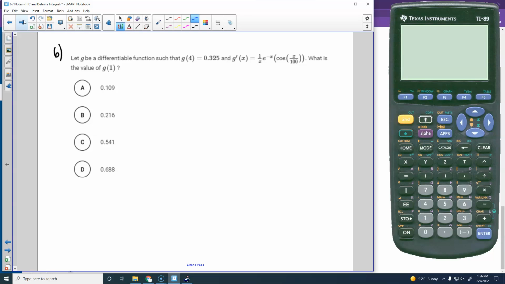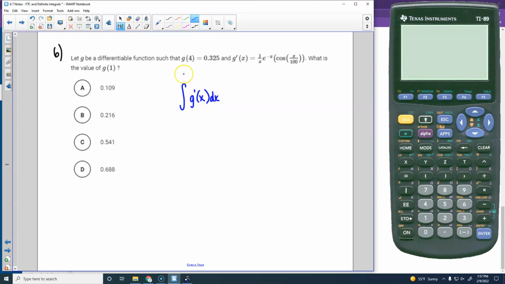All right. So for number 6, we've got g of 4 equals 0.325. G prime is this complicated equation, and we want to know the value of g of 1. So this is similar to the one we did a couple problems ago. I need to integrate g prime of x.